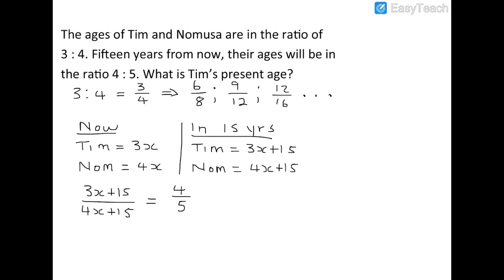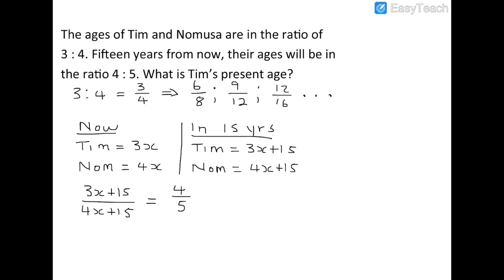Okay, because that is in 15 years. In 15 years, their ages will be that, and they told us that it will be in the ratio of 4/5. Now, we need to calculate x.